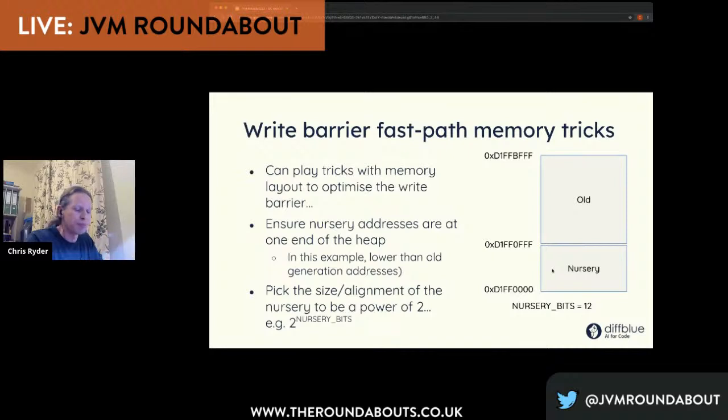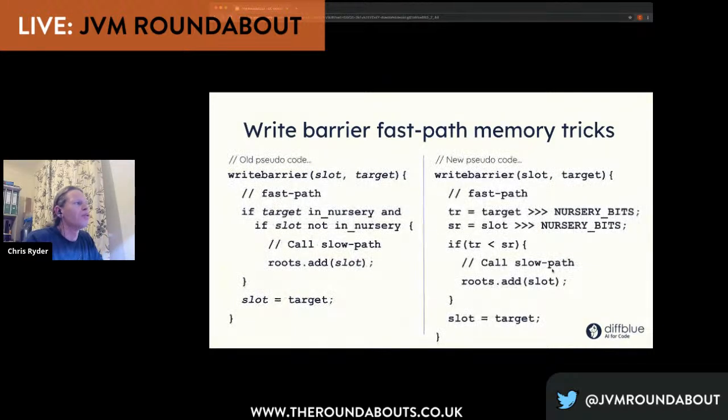addresses in the nursery. So what you can then do in your write barrier is do a bit of bit shifting so that you take the target address and the slot address, you effectively slice off the lower bits. So we effectively shrink it down to something that points to a region rather than an exact address. And then you only have to compare whether the regions are ordered.